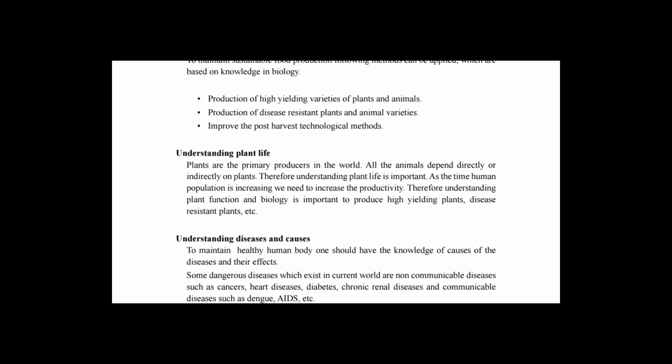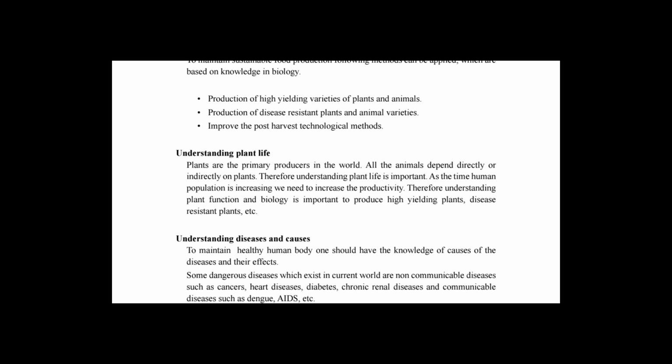As human population is increasing with time, we need to increase the crop productivity. As we said before in sustainable food production, as the human population is increasing, we need to increase the crop productivity as well. Therefore, understanding plant biology and function is important to produce high yielding plants and disease resistant plants.